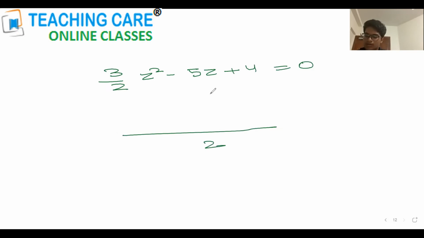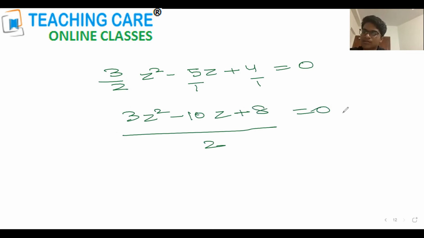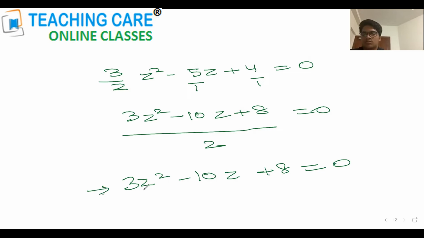What will we get in the numerator? 3z square minus 10z plus 8. Perfect. Now can we take the 2 over there? 2 gets multiplied and it becomes 0, still 0. Is it solvable now using splitting? For now it is splitting only, right? Use splitting and get the values of z.